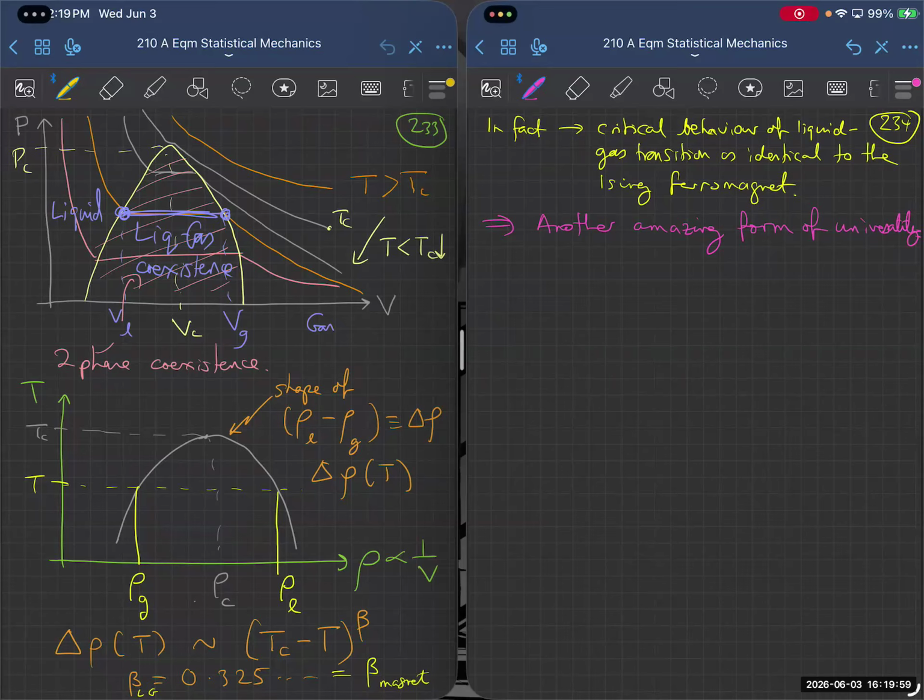So then you might say, well, okay, that's incredible. So then is it the same number for every phase transition? And the answer is no, it's not.